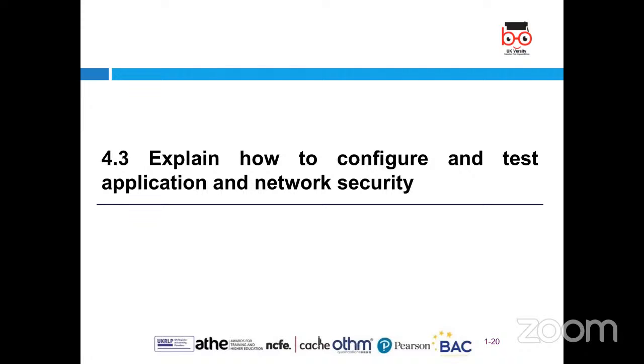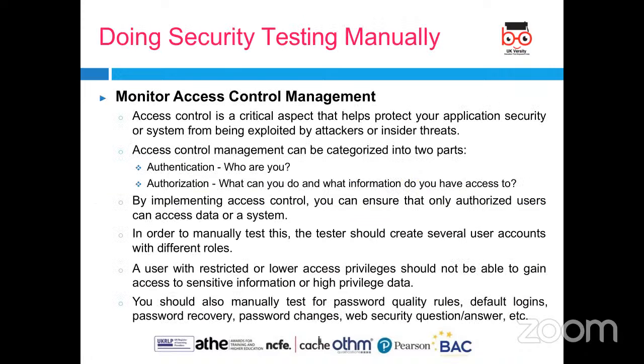And now we're going to explain how to configure and test application and network security. So these are the stages that have to be done. The stages are: monitor access control management.